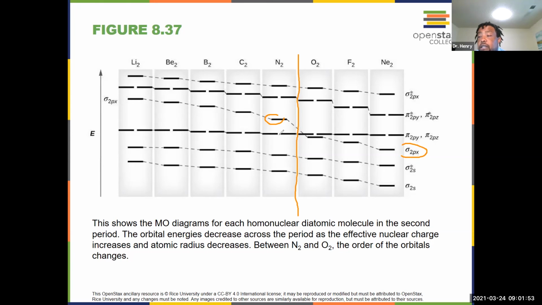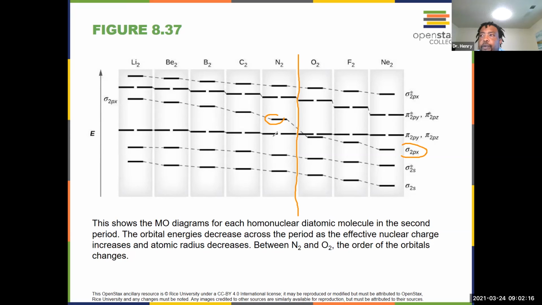These actually flip in terms of energy level. So this sigma 2p x drops below the pi 2p y and 2p z in terms of energy level.